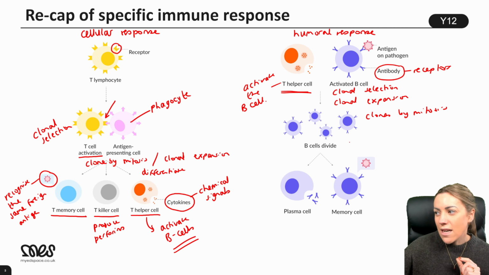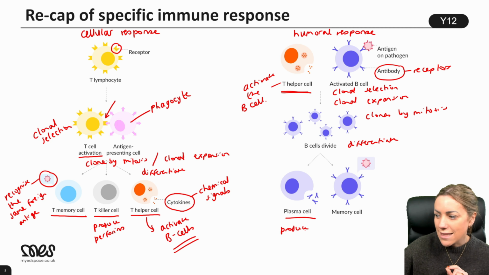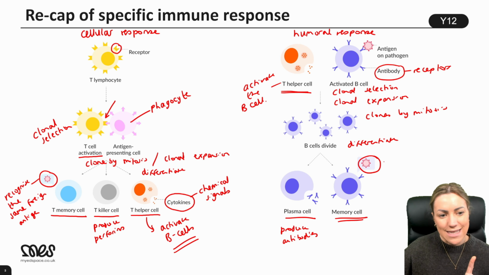Those B lymphocytes are going to clone and they're going to differentiate into two key types of B lymphocytes. We've got the plasma cells that produce antibodies, and we've got the memory B cells, which again can recognize that foreign antigen.